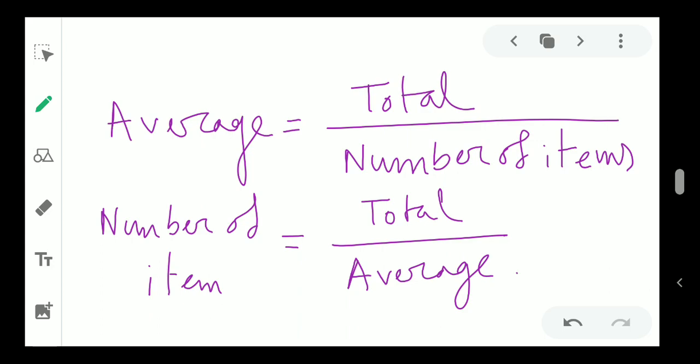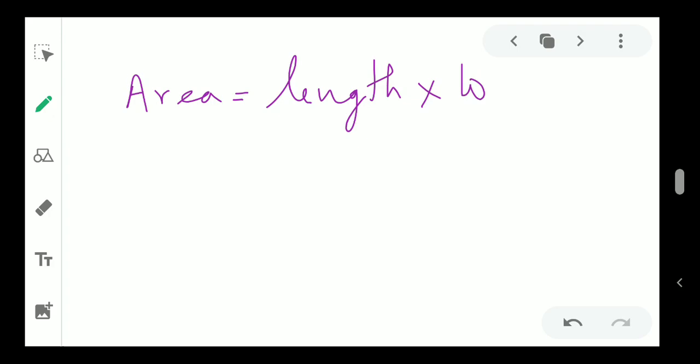Now why is it so? See, a simple thing. You know that area, this is just for example, area is nothing to do here, is length into width or breadth.